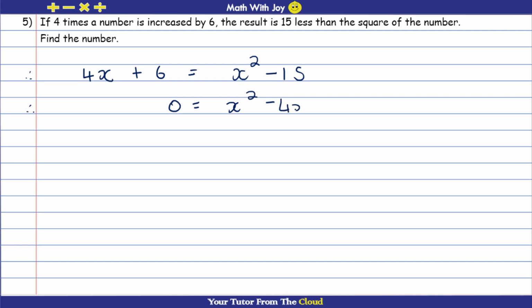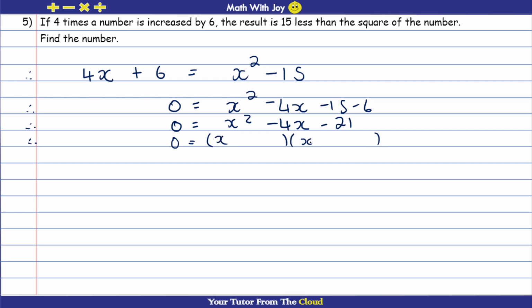So minus 4x, then I have a minus 15 minus 6. So let's just find our standard form properly there. So minus 15 minus 6, I get minus 21. Right, so therefore that means that I can factorize this into 2 brackets because it's a trinomial.